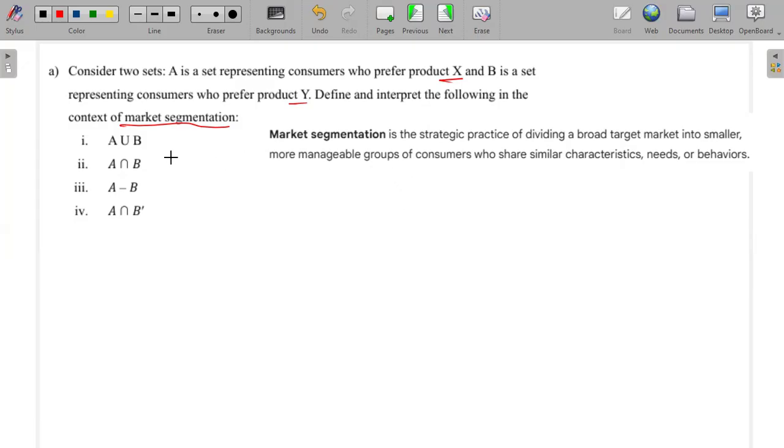Now they're telling us that we must interpret these based on market segmentation.